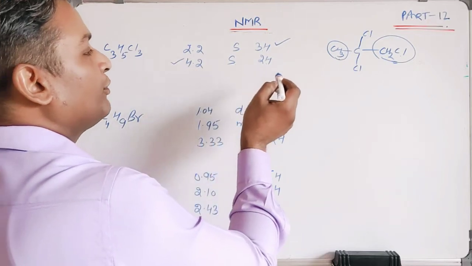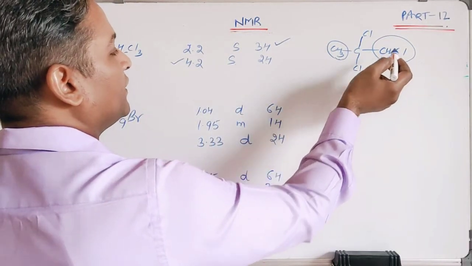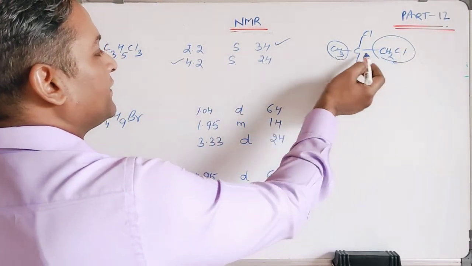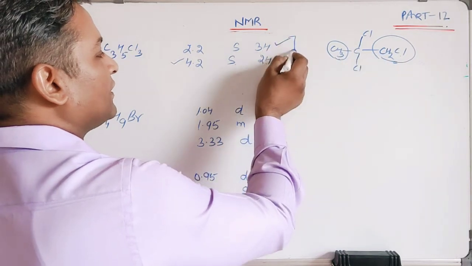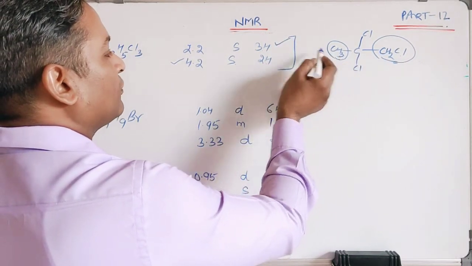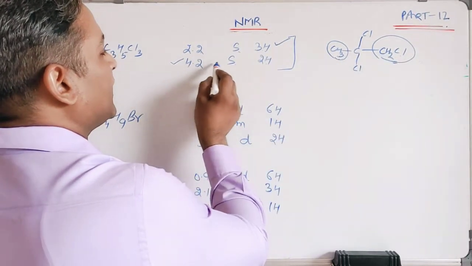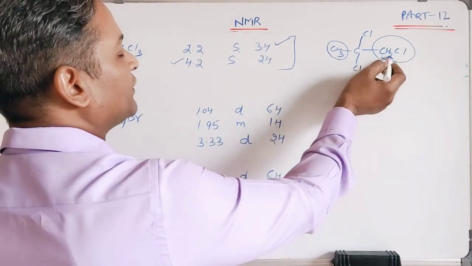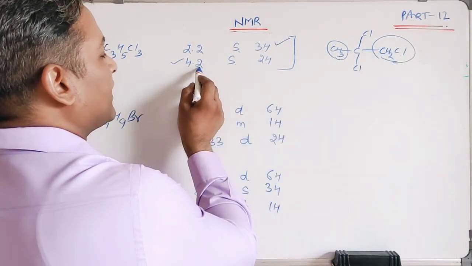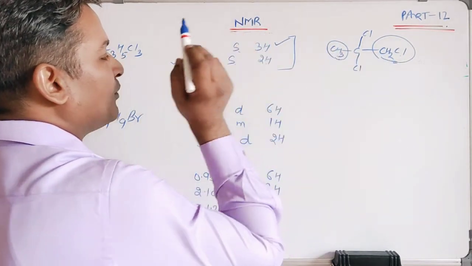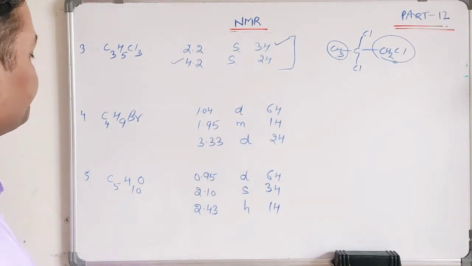Is it justifying the complete information? Let's see here. The value of this should be higher, and actually the value of this is higher, as you can see here. So this is the compound structure.